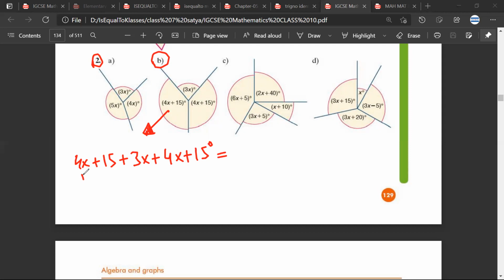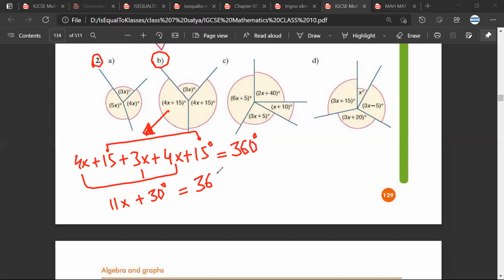So I did 4x plus 3x plus 4x, which would be 11x, and then I took the numbers together. So 11x plus 30. What should I write on the right hand side? So 360.